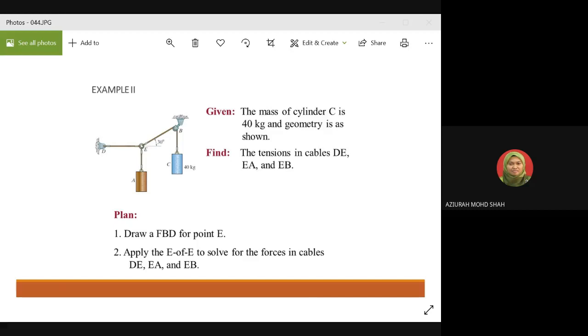Ahmad Naufal Danish dengan Ahmad Nizamuddin kenapa tak klik lagi attendance? Okay, siap. Nasib baiklah saya tahu dia berbunyi bising dalam kelas kan.